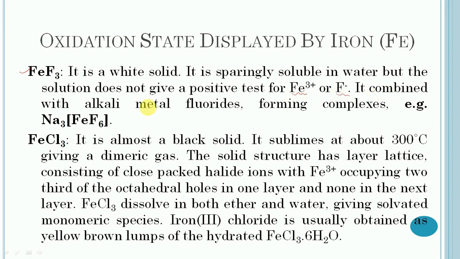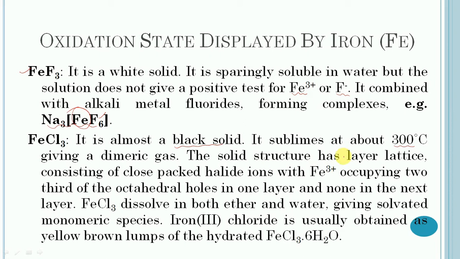It combines with alkali metal fluorides forming complexes such as the one with this formula. In this case, iron is linked with 6 fluoride ions. Next is ferric trichloride. It is almost a black solid. It sublimes at 300 degrees Celsius, giving a dimeric gas.